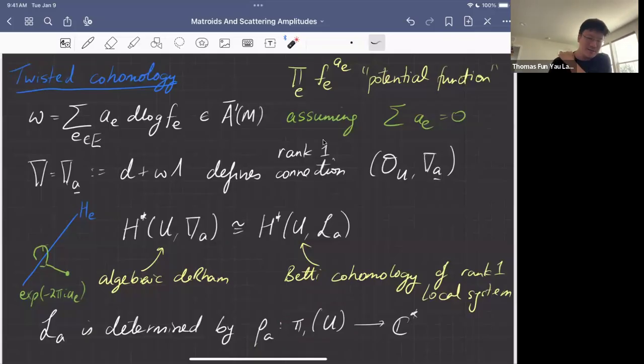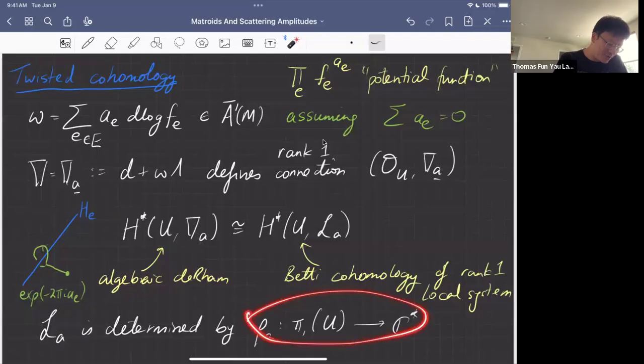Up to conjugacy, this representation will determine the local system up to isomorphism. And what is this? What is the L sub A here? What is the local system, and what is the representation that comes out of this local system under this isomorphism?